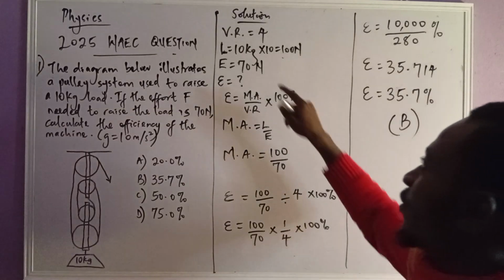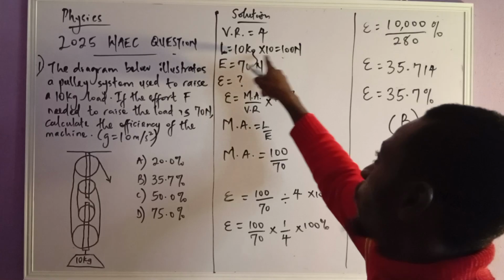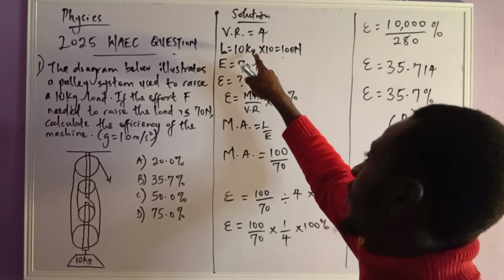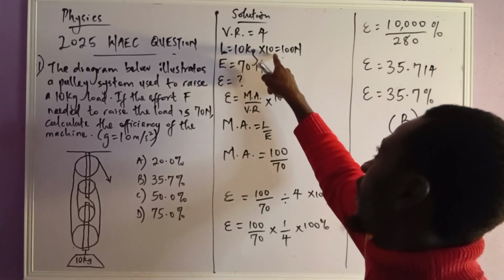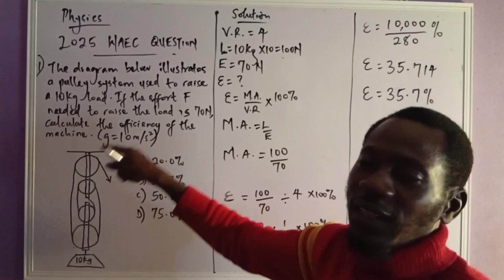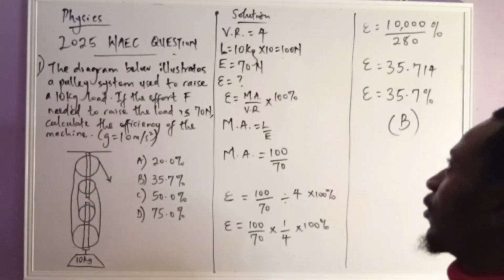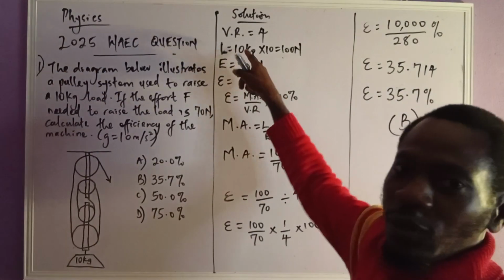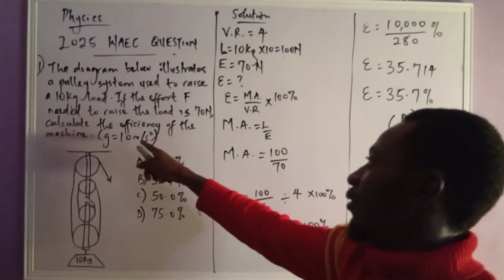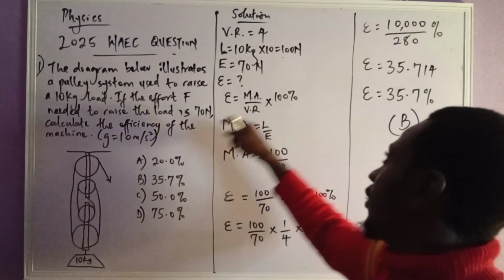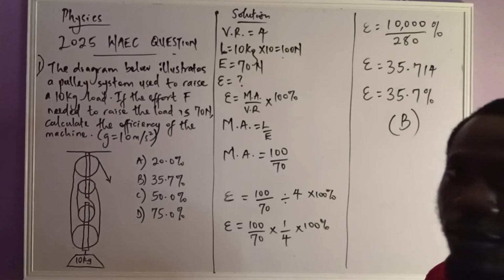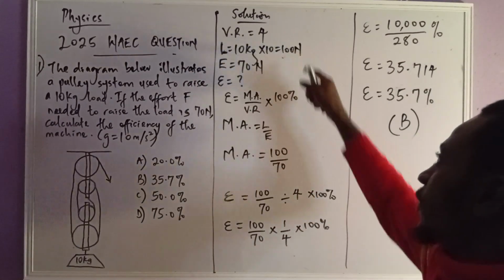And note, the load shouldn't be in kilograms, it should be in newtons. So if you have your load in kilograms, you multiply it by 10. 10 is gotten from the acceleration due to gravity. This is a mass, and once you multiply your mass by 10, the acceleration due to gravity, you are going to have a force measured in Newton.